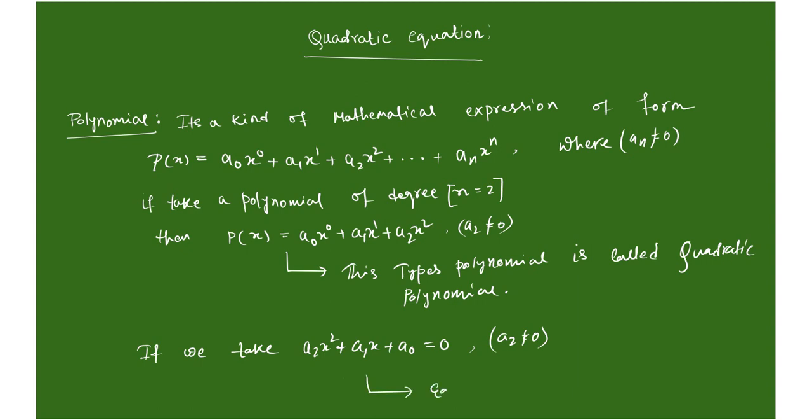Now this is an equation, but before that it was a polynomial. Why is it an equation? When we take it equal to 0, we get a solution.